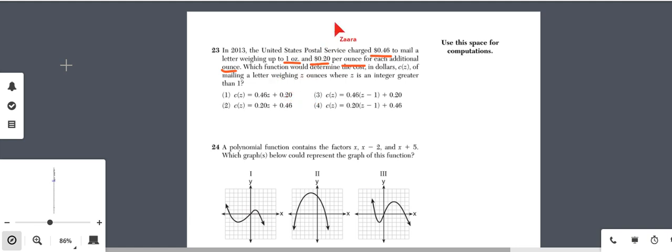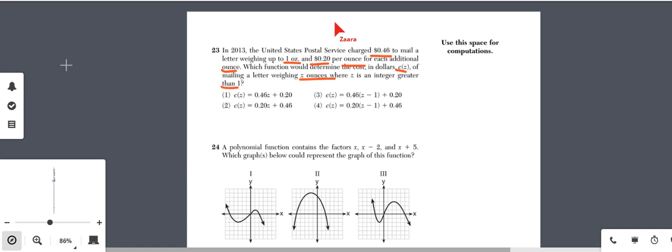Which function would determine the cost C of z of mailing a letter weighing z ounces, where z is an integer greater than 1?